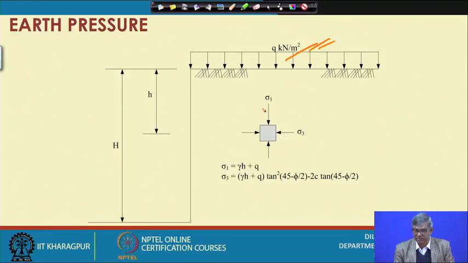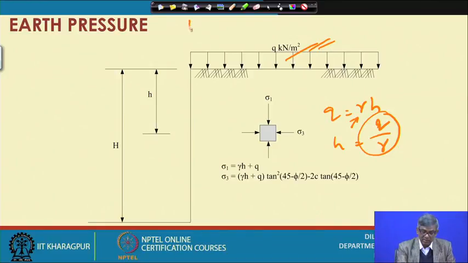So this pressure diagram we can assume: Q surcharge can be imagined as, suppose Q equal to gamma H, assume gamma equal to soil gamma, then H equal to Q by gamma. We can imagine the wall is not here, the wall is somewhere here, an additional H is there. This is the actual height of the wall, but another wall above that is there, small h, which is equal to Q by gamma, and if I draw the pressure diagram from here, it will reach this value.